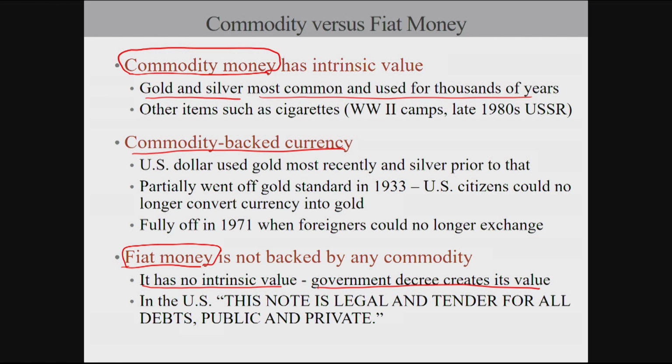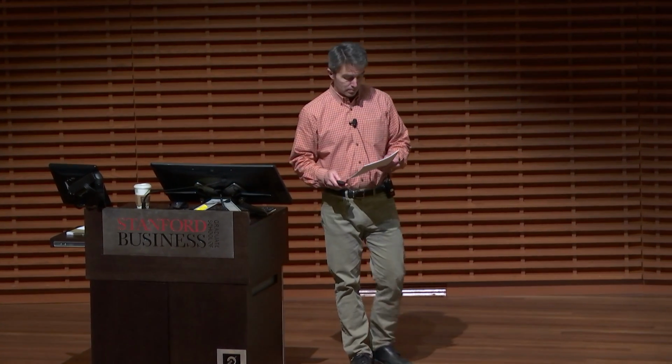Our currency actually did used to be backed by commodities. The US dollar used to use gold as its backing, but we went off the gold standard partially in 1933 and fully off in 1971. So right now, the type of currency that we have here in the US is fiat money.